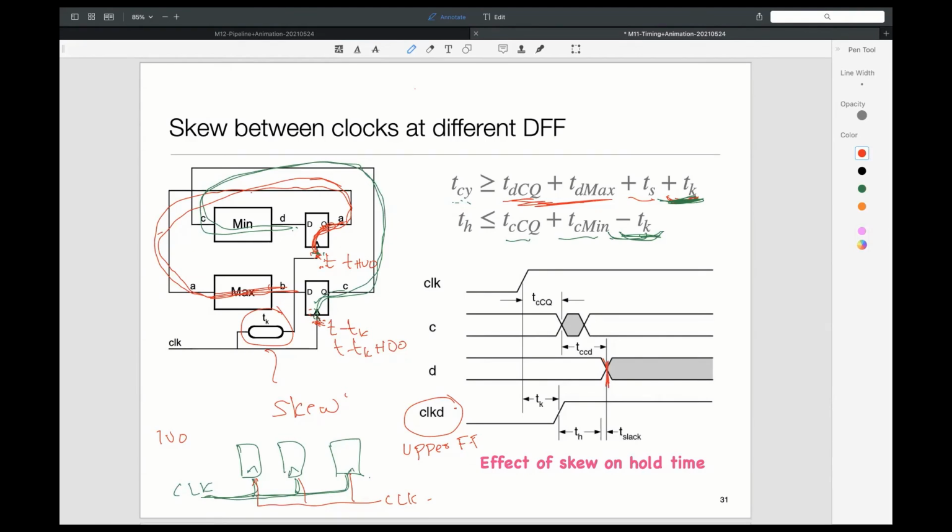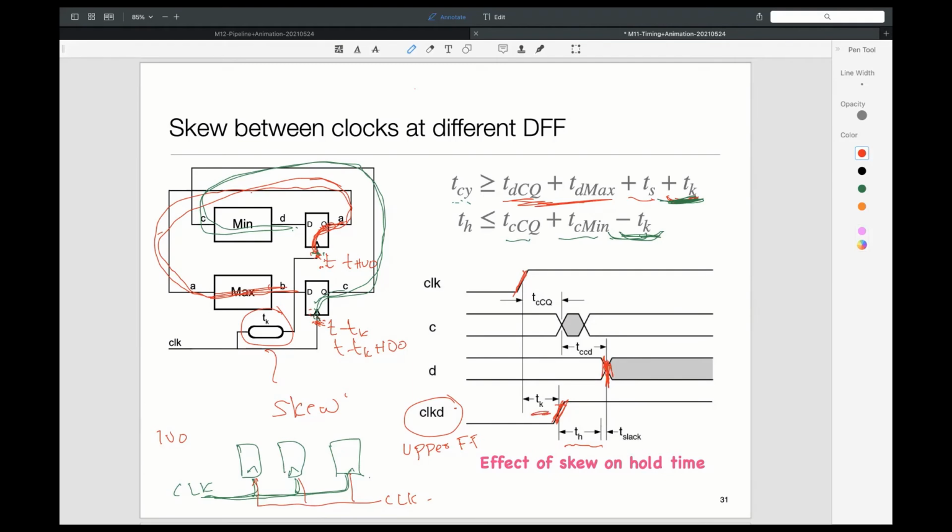And hold time for the upper flip-flop starts from when it sees the clock edge, and it is seeing this clock edge. So the hold time is out here. Versus, imagine if there was no skew, then the hold time would have started relative to this guy, right? If there was no additional delay for the clock to reach, that would have been better for us, because what we are trying to do is make sure that D doesn't begin to change before hold time is up.